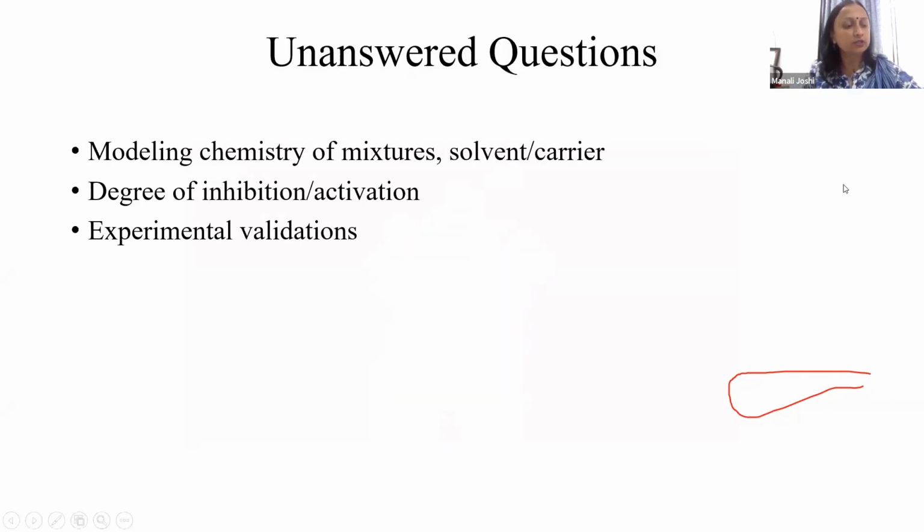There are, of course, several unanswered questions, even in this small thing that I just discussed. For example, right now we are still doing one-to-one: I'm taking one small molecule and identifying its targets, but we are not modeling the mixture. When the formulation is given as a mixture, what is its chemistry?